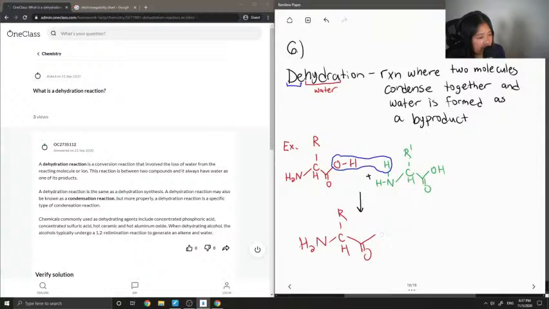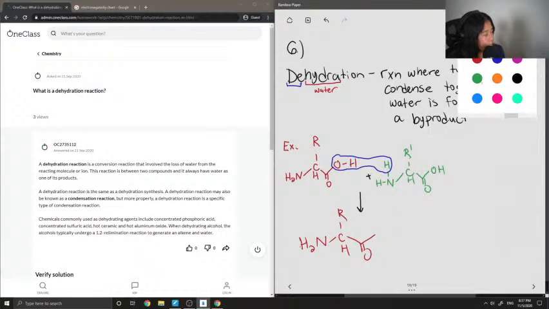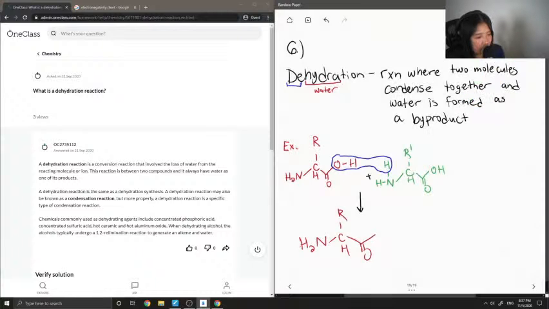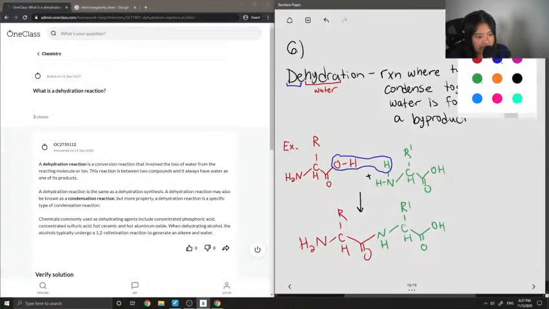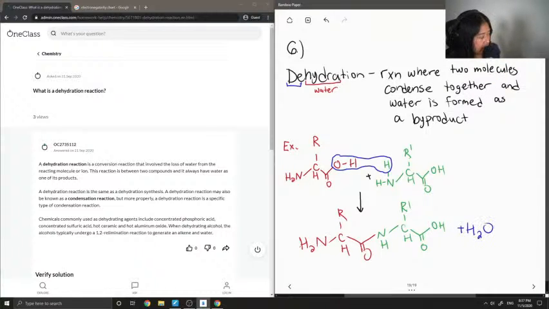Oxygen is now gone. So this is how biochemists would combine two amino acids together. Now, of course, I'm also going to write down our byproduct, which is the water molecule.